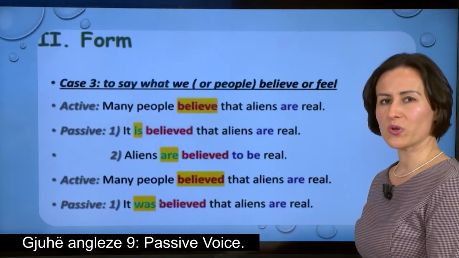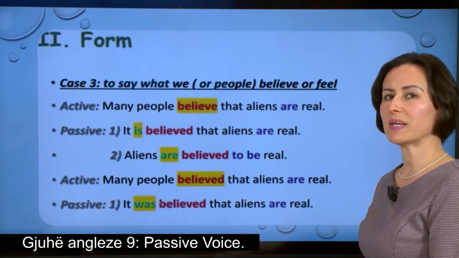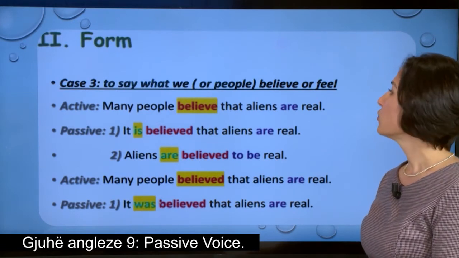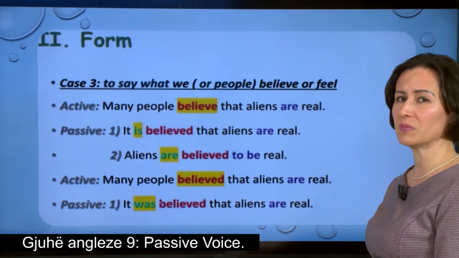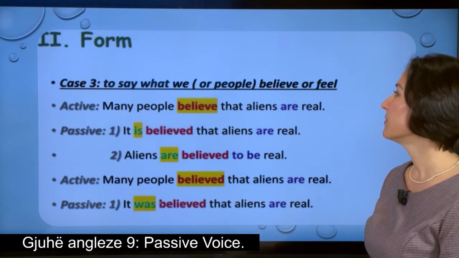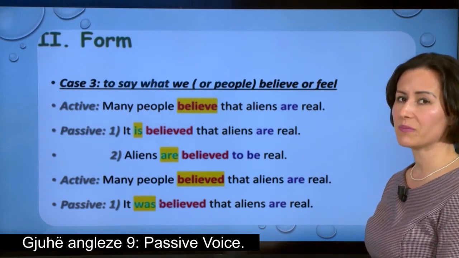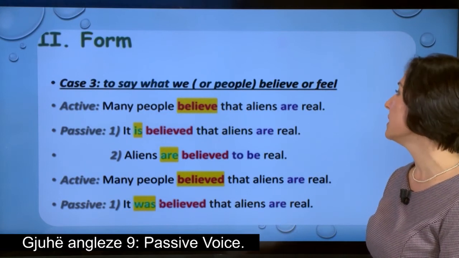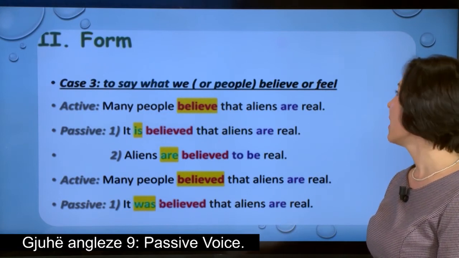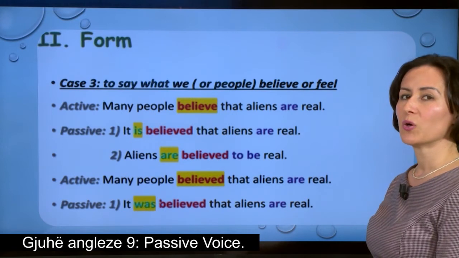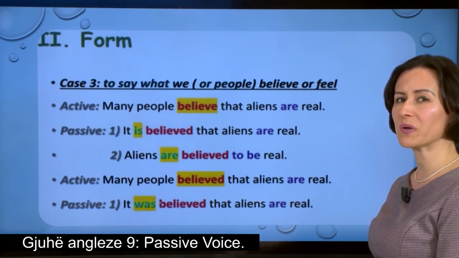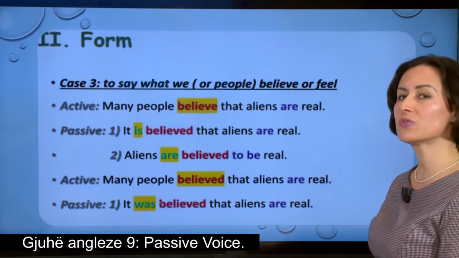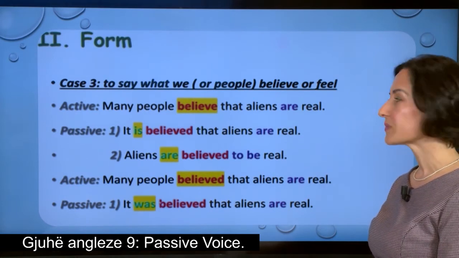The passive voice is used in another case to say what we or people in general believe or feel. For example, many people believe that aliens are real. We can transform this active sentence into the passive one in different forms.